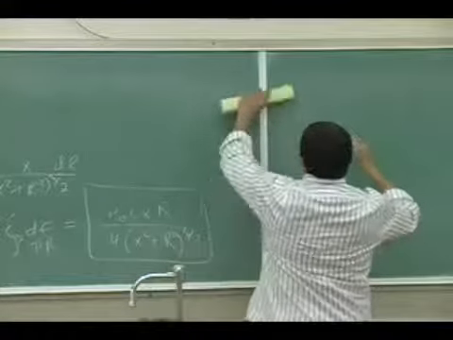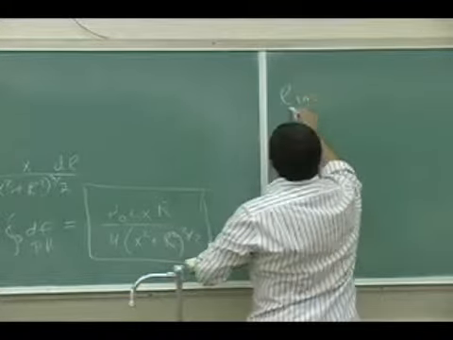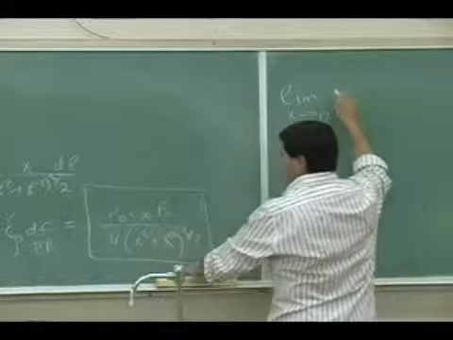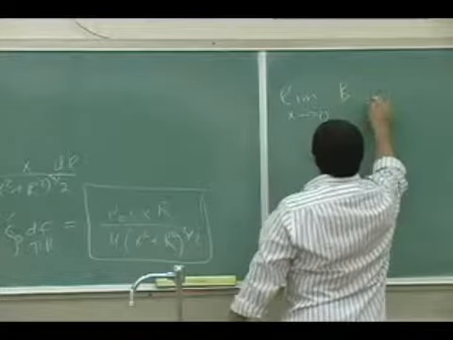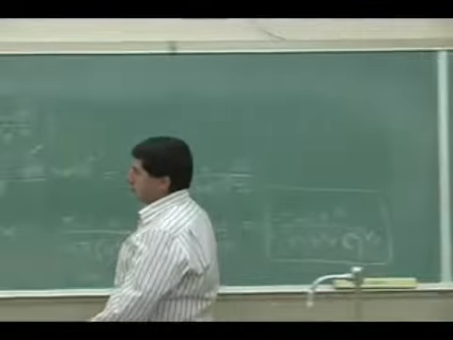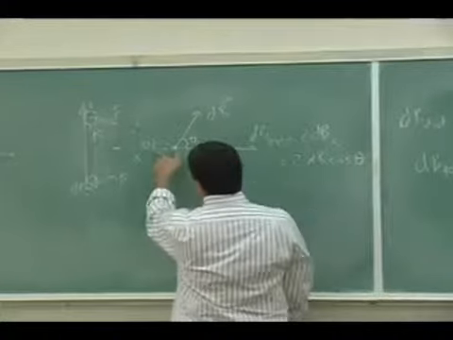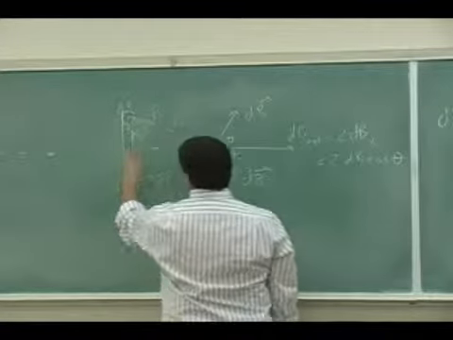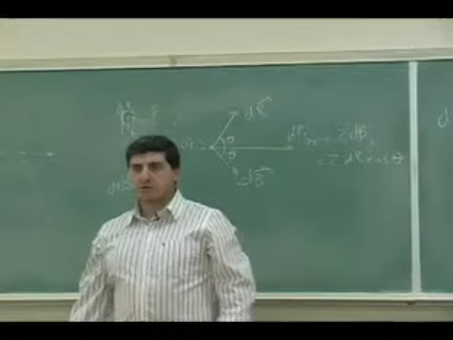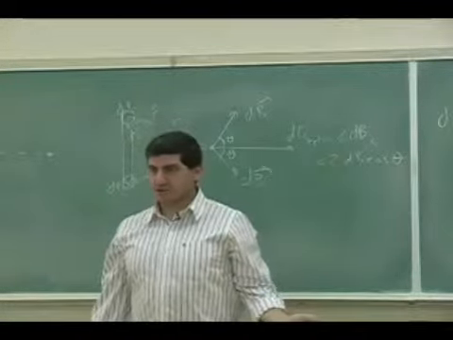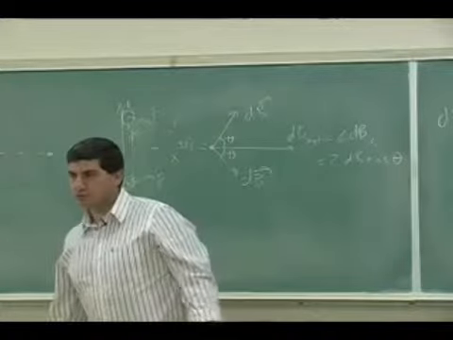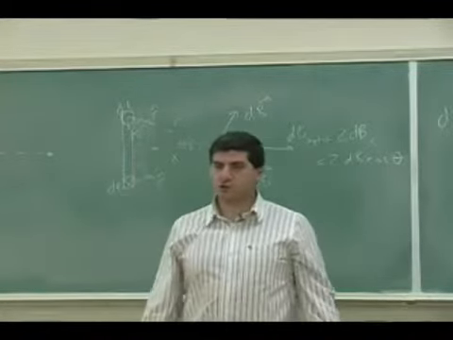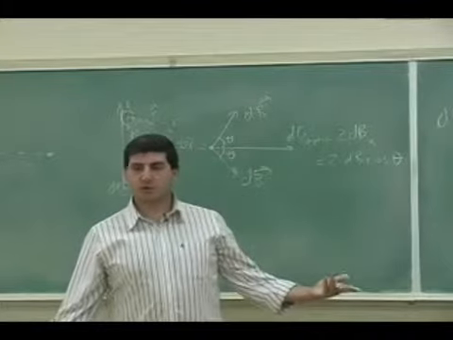Limit as x goes to 0. So as I go to the center of the coil, what should the magnetic field at the center of the coil be? Well, we just did the answer in example 2. The magnetic field at the center of a coil should be mu 0 I over 2r.